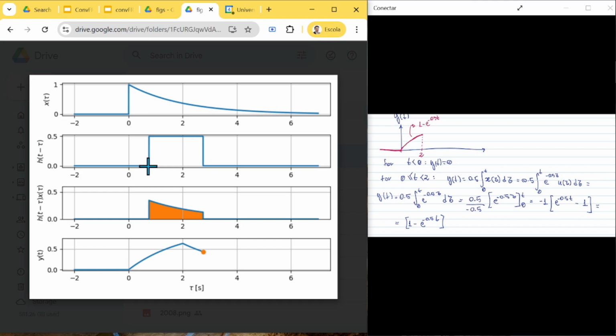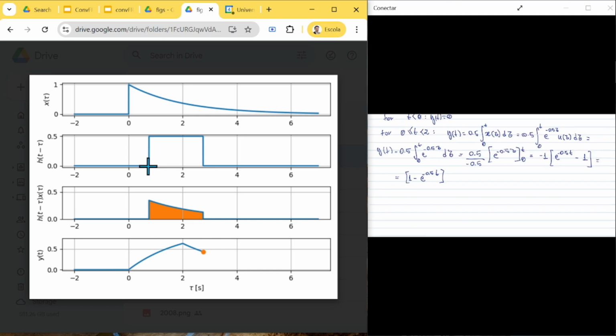So let's do this again. So for t from 2 on, y of t equals 0.5, the integral from t minus 2 to t of e to the minus 0.5 tau d tau.